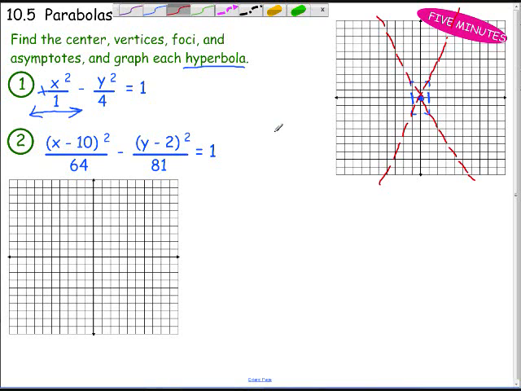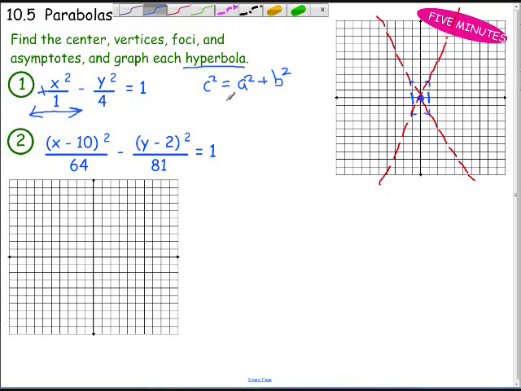So, what have I got? I've got the center. The center is at 0, 0. I've got the two vertices. I don't have the foci. We know with the hyperbola, the distance from the center to the focal point is c, which you find by saying c squared equals a squared plus b squared.